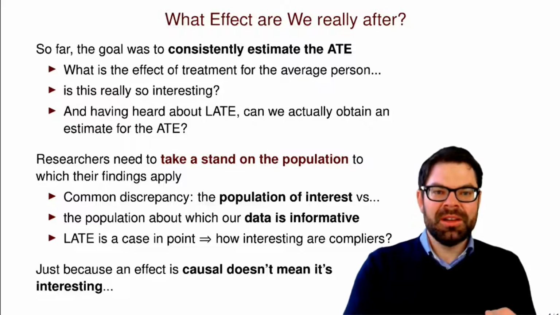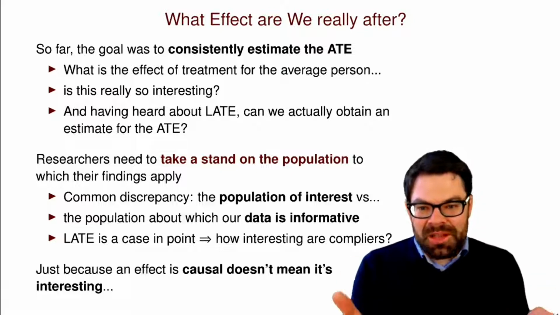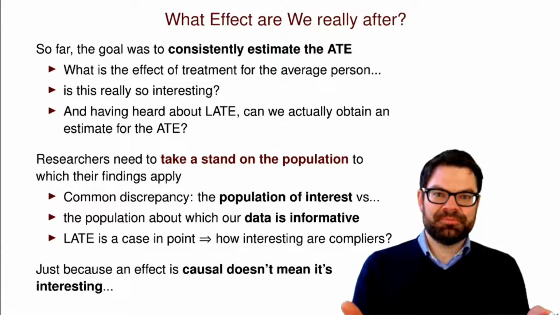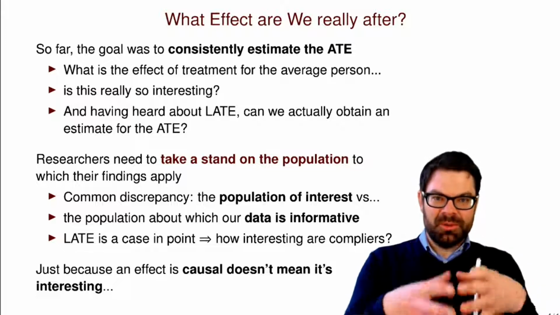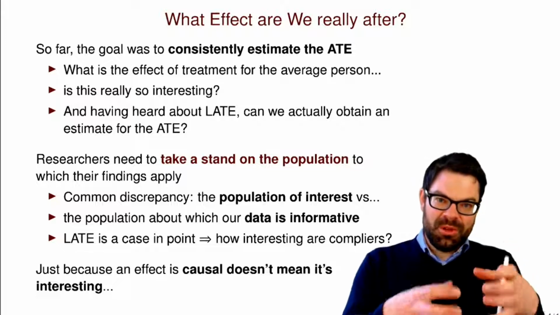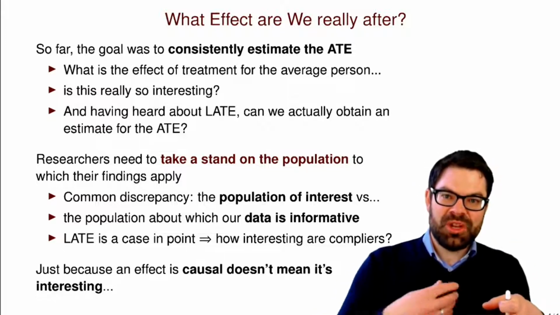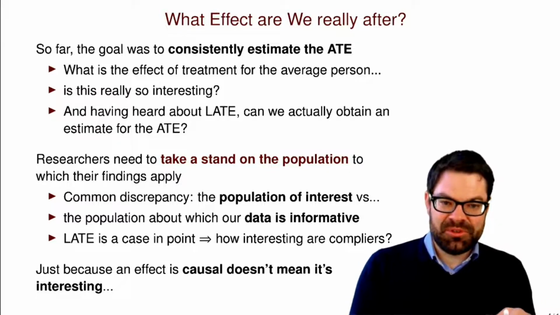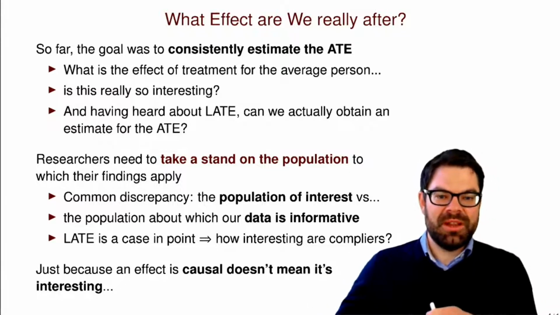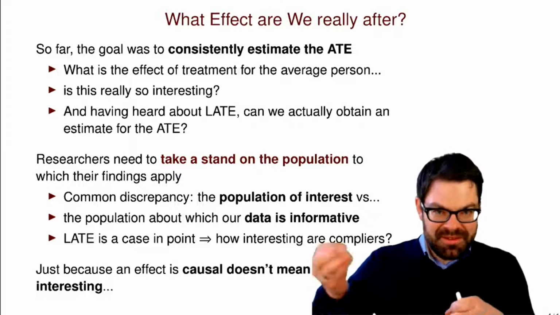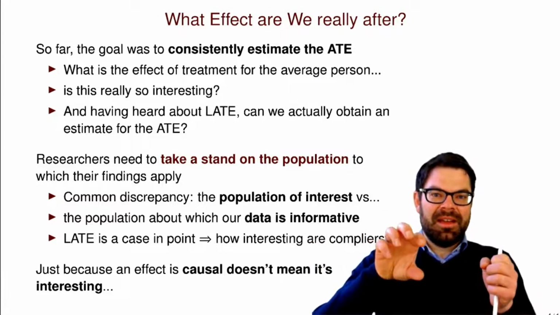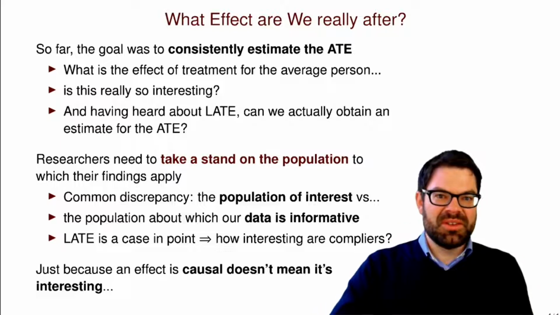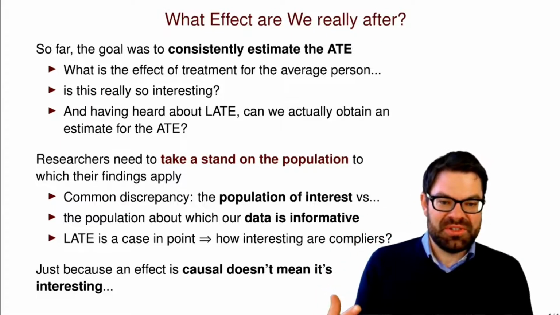And so what we identify is a local average treatment effect, yet that local average treatment effect is only informative for those people whose behavior has been changed by the assignment of the treatment and not for anyone else. Yet that anyone else may well include people that, as policy advisors or as consultants, we're actually interested in.